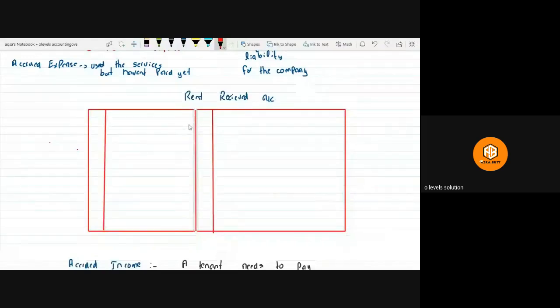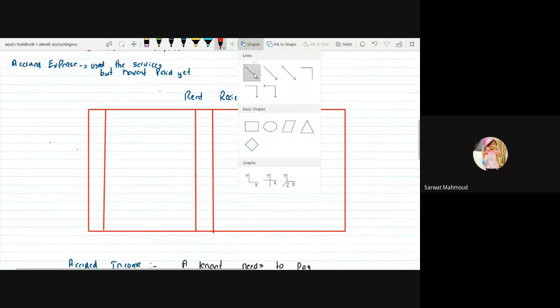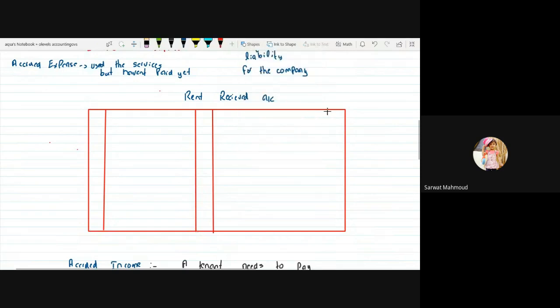So it simply means that this is the rent amount. Okay, never mind. Okay, so this is okay.